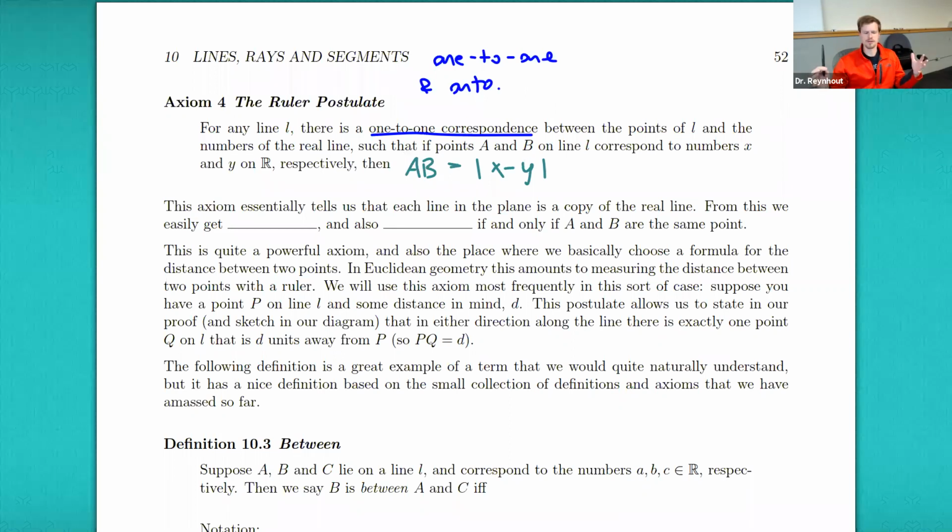A linear function is going to give us that if we take 2 points that are some fixed distance away in our geometry, no matter where we're at along our line, then that's going to correspond to 2 points on the real line that are also the same distance apart. So we would want it to be a linear function, of course, y equals mx plus b.